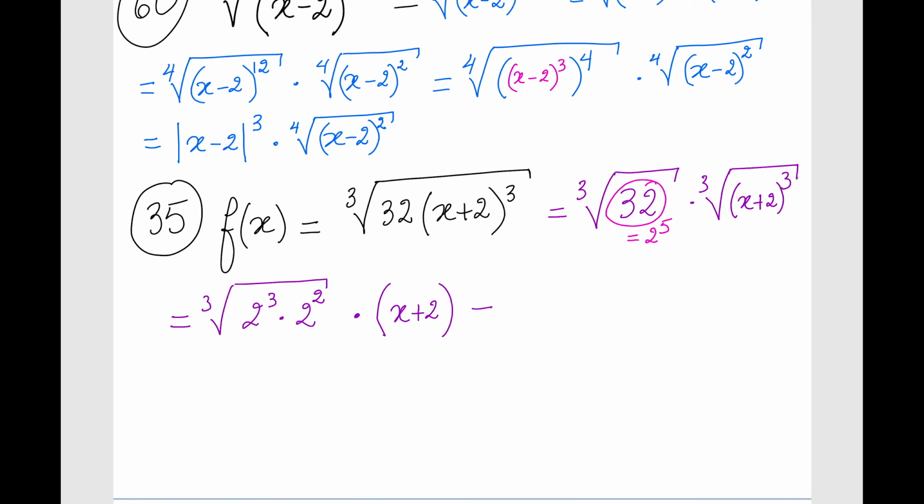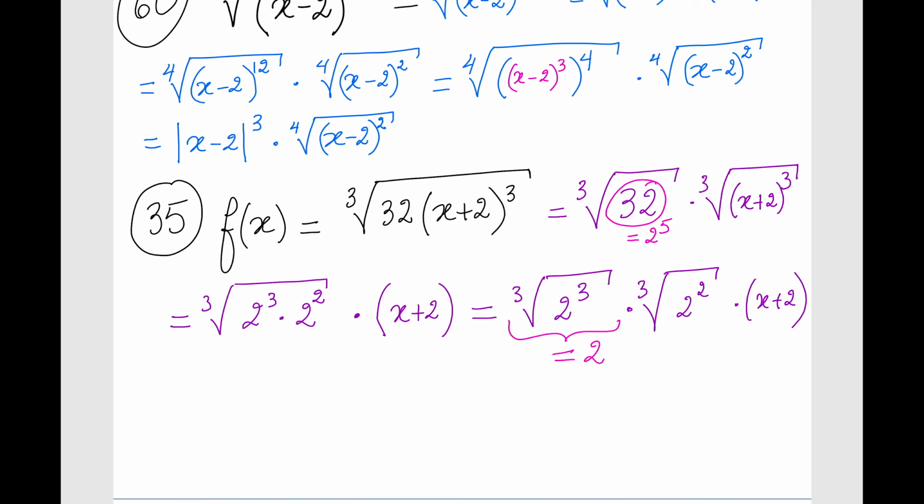All right, and then I'm splitting this product using the product rule. Okay, and that's exactly a 2 for the same reason as we've been discussing. And the answer is 2 times (x plus 2).